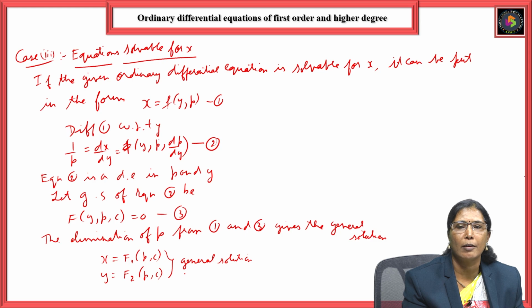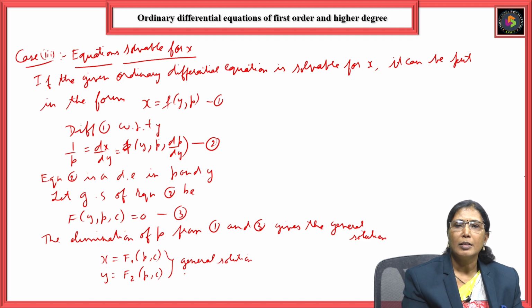So you are having only the general solution. The factor which does not contain dp by dy should be neglected.